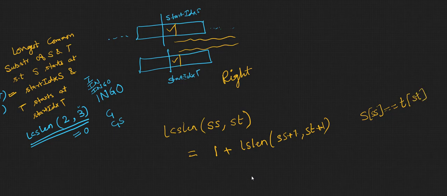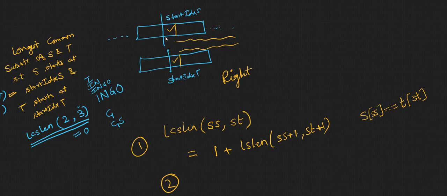But what if they don't match? So this case was clear. What if they do not match? Then we may want to increase the start index of 1. No, we will not do that. That is where we will deviate from our definition. We said we want to find the longest common substring of S and T where S must start from here and T must start from here.